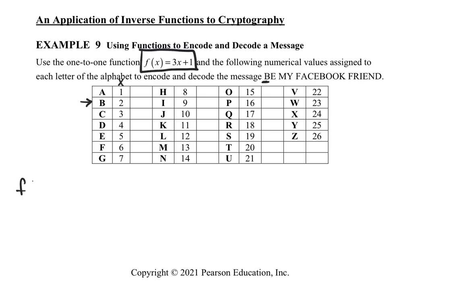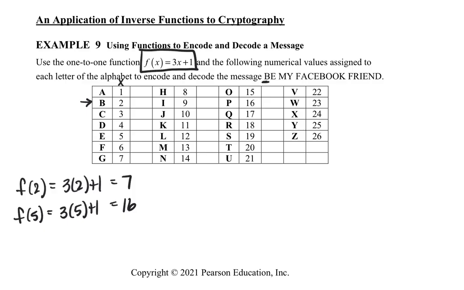So f of 2 is equal to 3 times 2 plus 1, which gives me a 7. E corresponds with 5, so f of 5 is 3 times 5 plus 1, which is 16. And you'd go through and do so on, and you would get your new numbers.